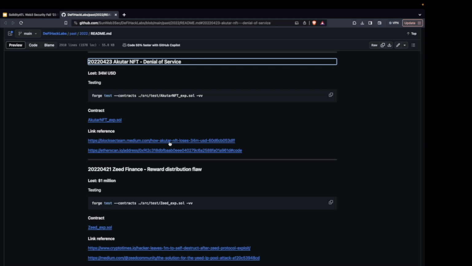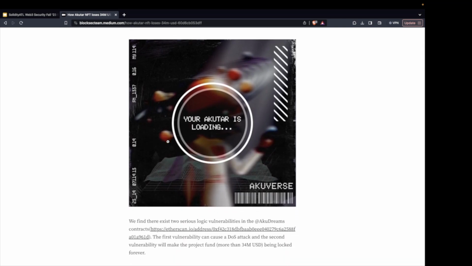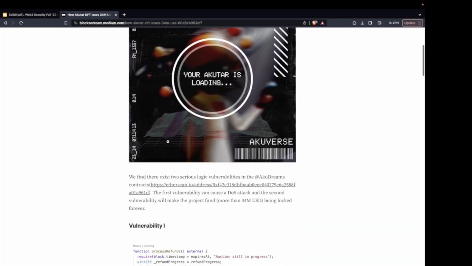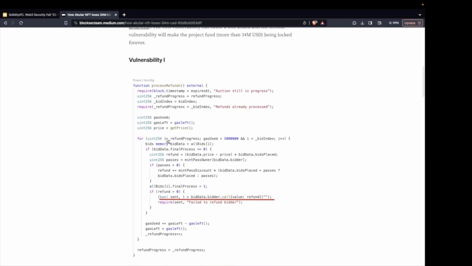But what I want to pay attention to is this BlockSec breakdown, because I think they do a very good job of making it more concise. So what we're looking at here is a method called process refunds. If you remember from the previous example we just talked about, where we were able to break the contract's functionality by preventing refunds, this attack vector is very similar.